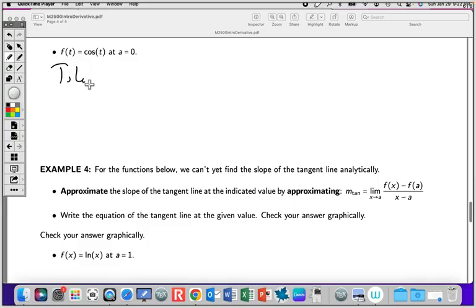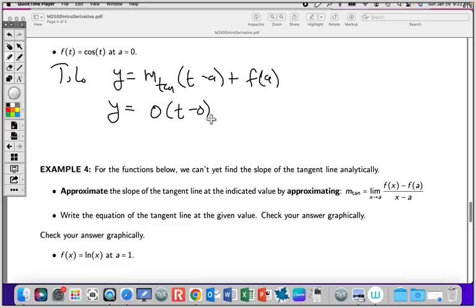So tangent line, once again, y equals slope of the tangent line times, in this case it's a t again, t minus a plus f of a. So slope of the tangent line is 0. A is 0, so a lot of zeros here.